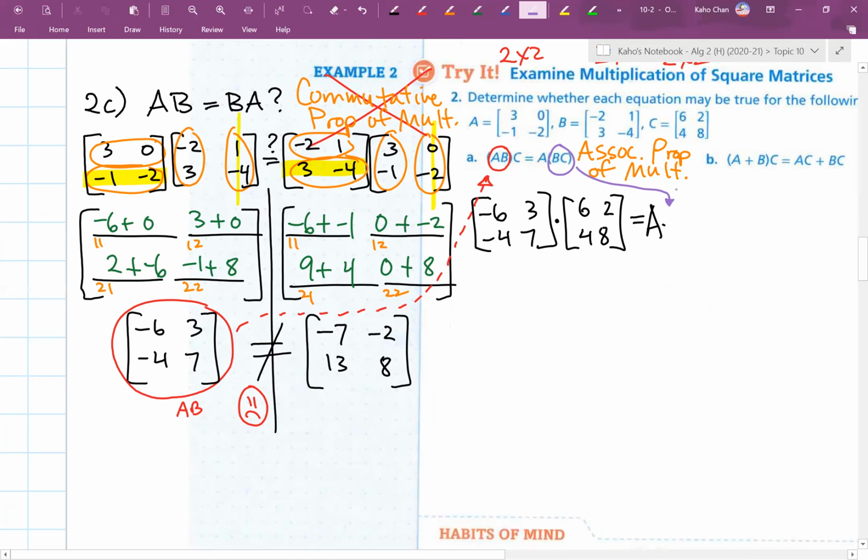Yeah, that's probably a good idea to indicate that I still need to multiply by A. Okay. Let's do that. And the BC, we don't know what that is. -2, 1, 3, -4.